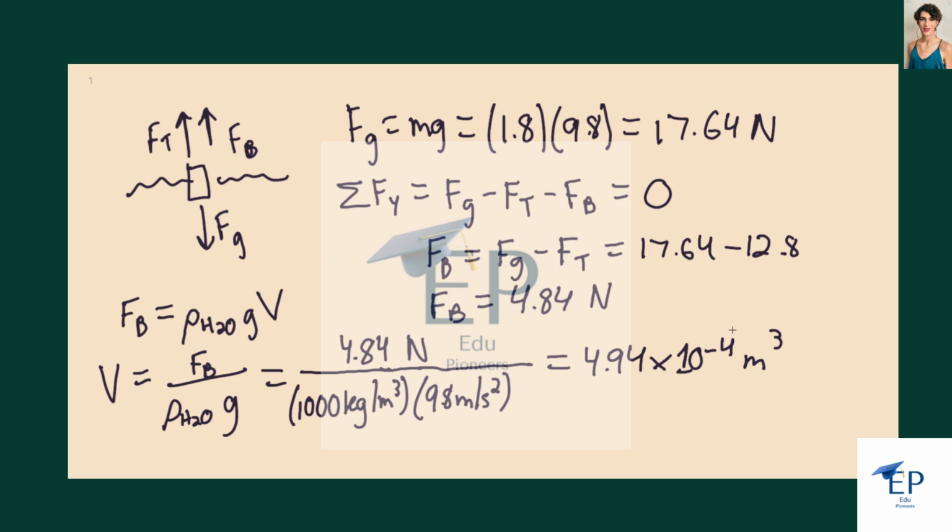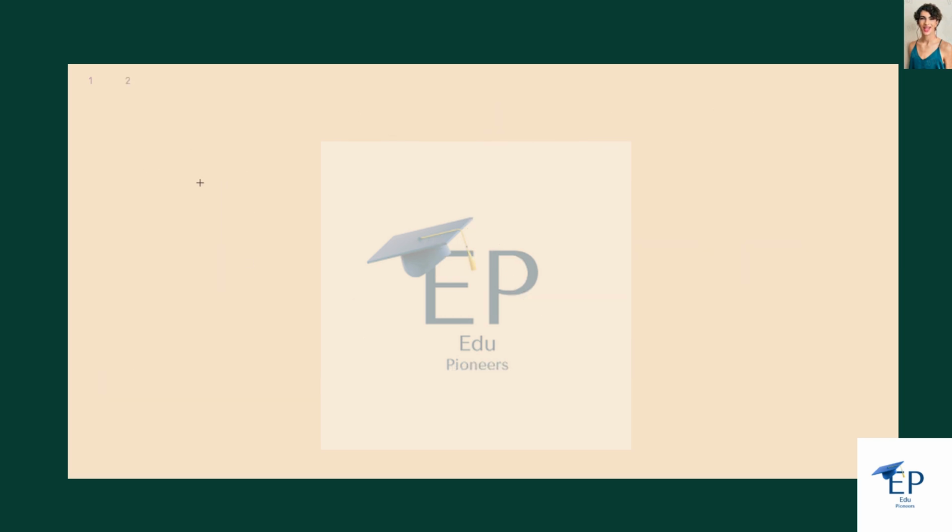So if we have this particular volume and the rock needs to float, this means that in order for the rock to float, the buoyant force must equal the force of gravity.